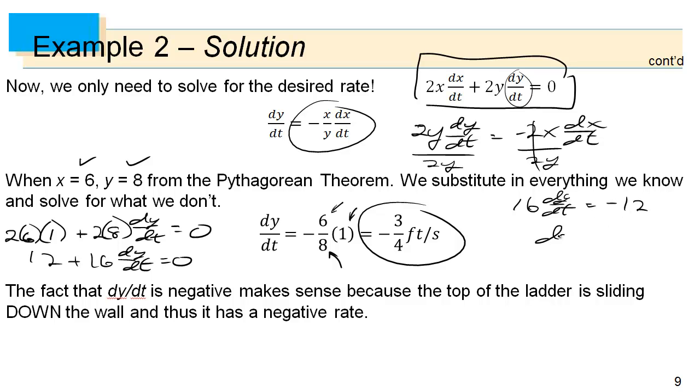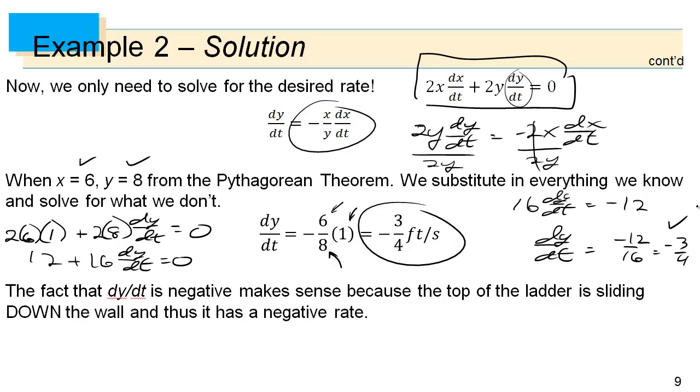Divide by 16, and dy/dt equals negative 12 over 16, which is negative 3/4. Same thing. So you can always just do the algebra at the end with numbers if you don't want to move around things and solve for dy/dt.